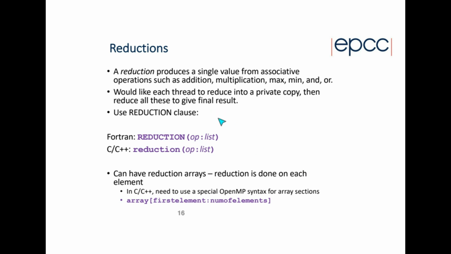So we can do this with the reduction clause. So this one's slightly different because we not only need a list of variables, but we also need to specify the operator that's going to be used. So the syntax looks like reduction and then operator colon a list of variables in brackets.